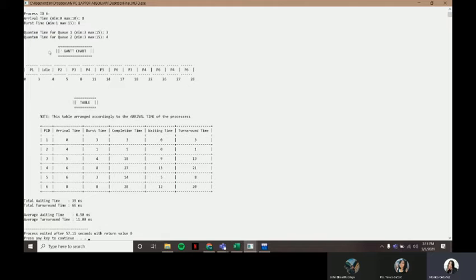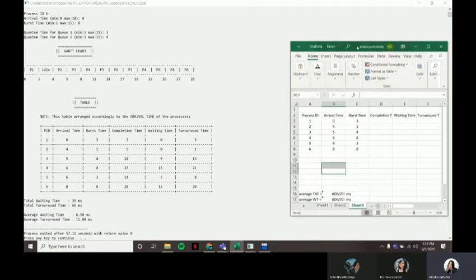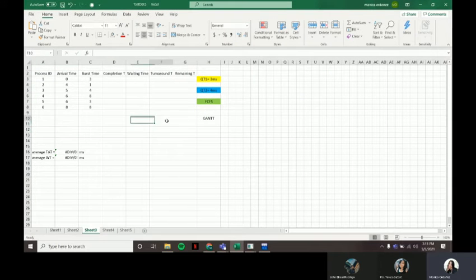Then you will see here the overall Gantt chart for Q1, which is round robin with quantum time of 3 milliseconds, round robin with quantum time of 4 milliseconds, and Q3, which is first come first serve. So now we will try to solve it.